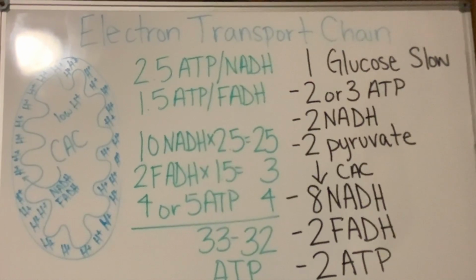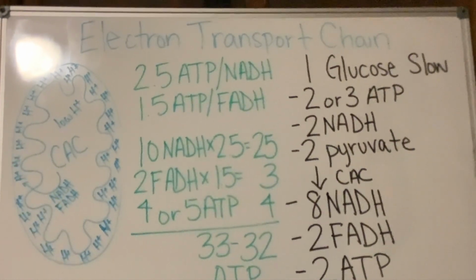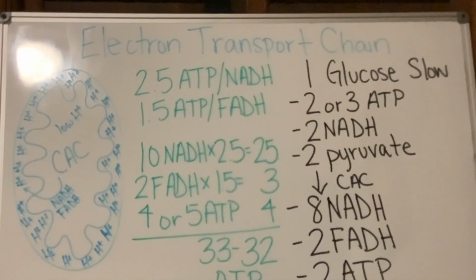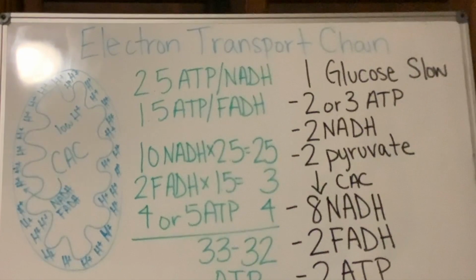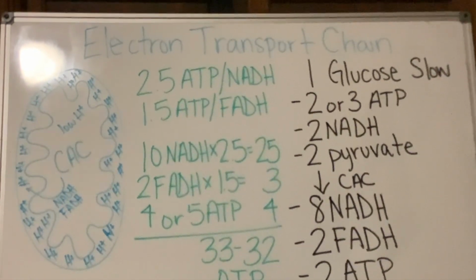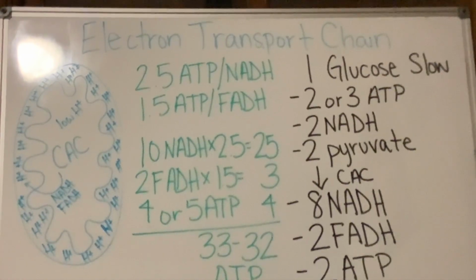If we are able to fully oxidize a glucose molecule through slow glycolysis, we are able to net 33 or 32 ATP molecules compared to the 2 ATP molecules from a glucose if we go through fast glycolysis.